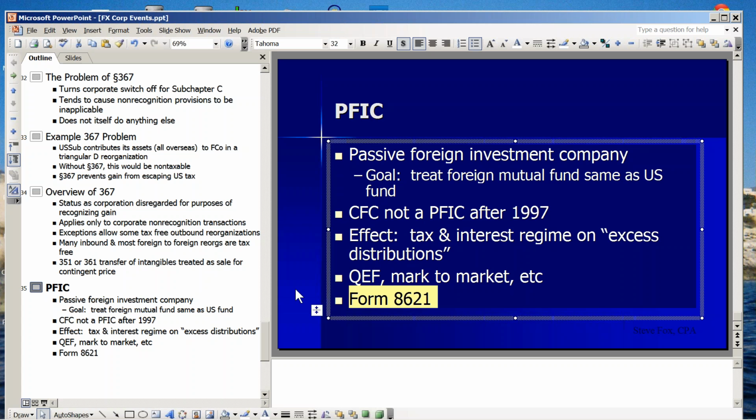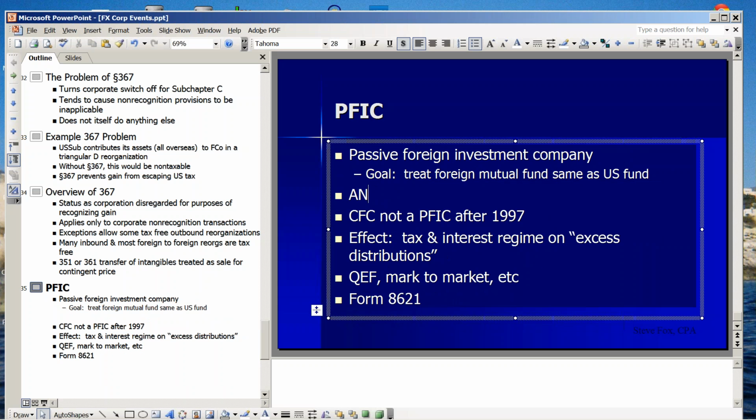Now, what's the threshold for ownership of a PFIC? Tiny. If I own one share out of 48 million shares in this investment company that's foreign, then it's a PFIC with respect to me.